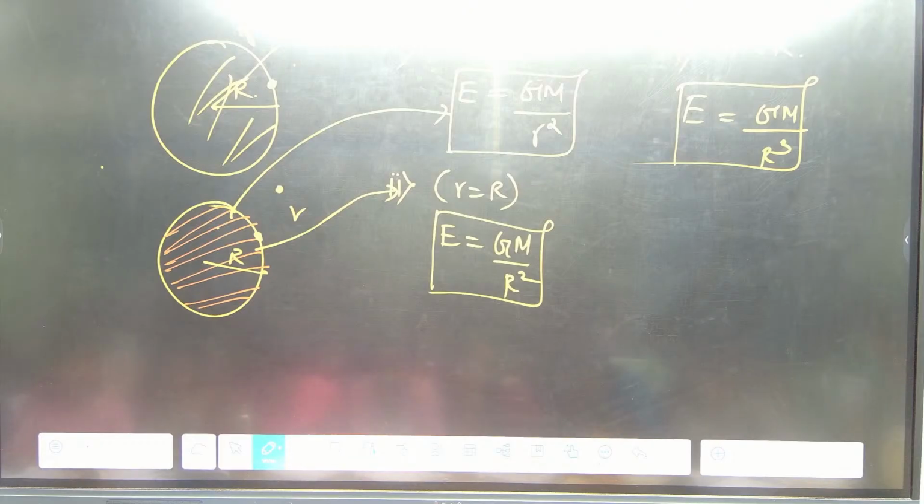First point, gravitational potential at a point is defined as work done per unit mass.